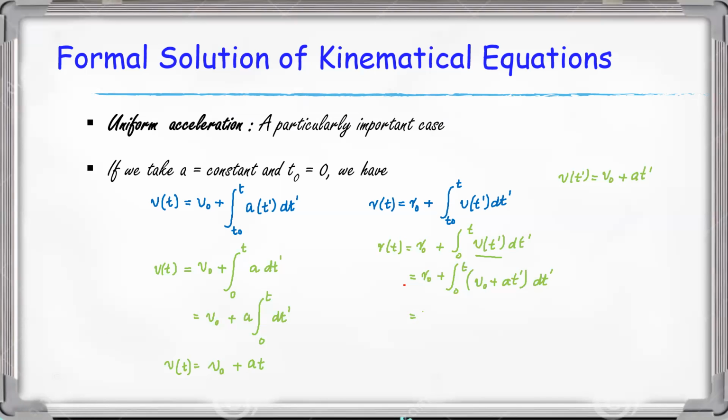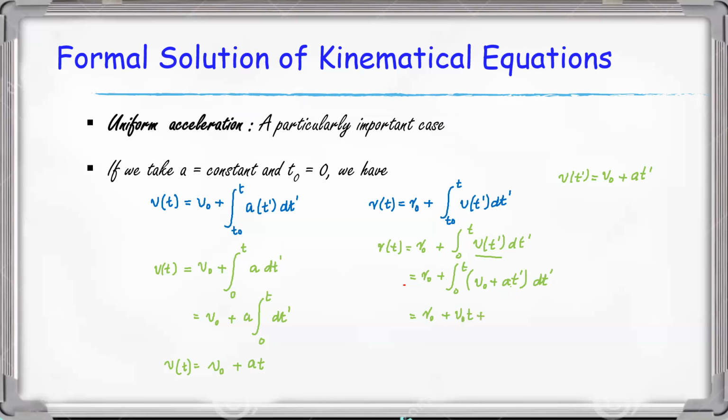Then r0 plus the integration of v0 dt dash plus a t dash dt dash. For v0 dt dash, when we integrate, v0 is a constant, so only the upper limit comes, and it is equal to v0 t.